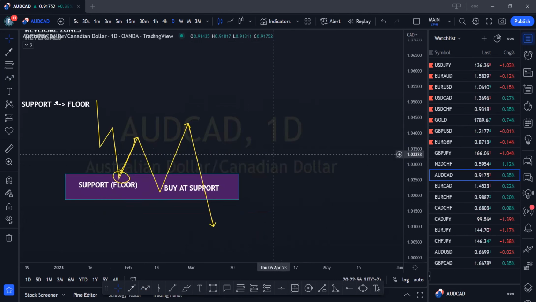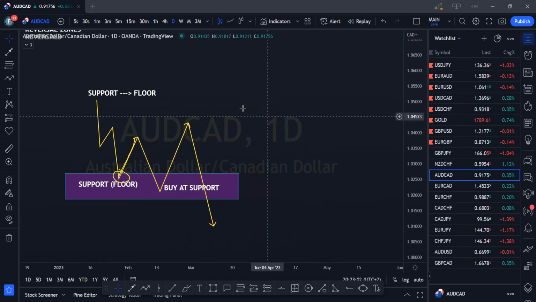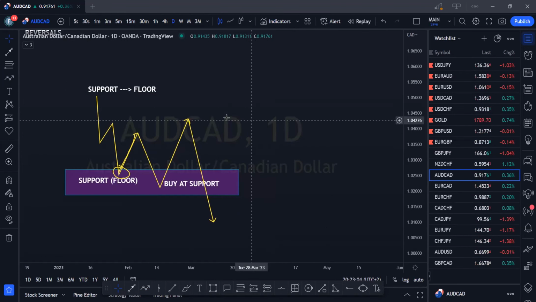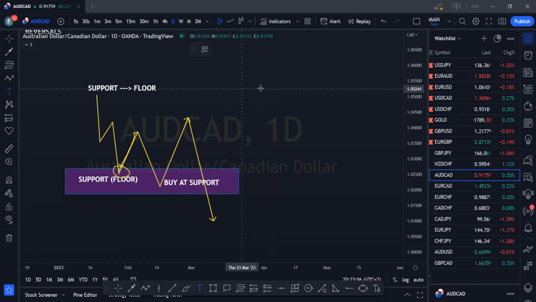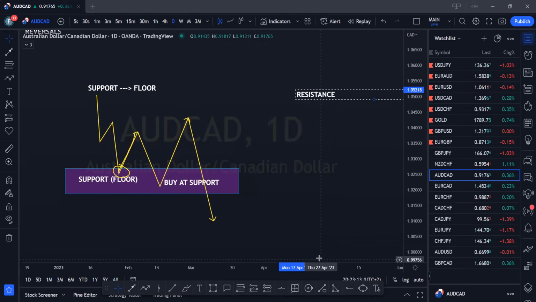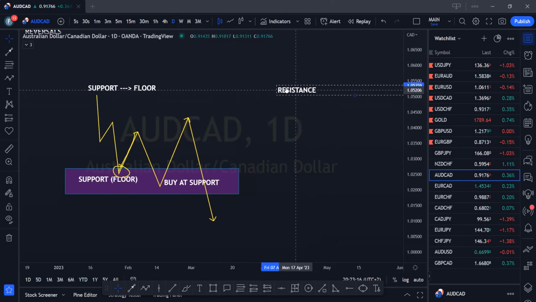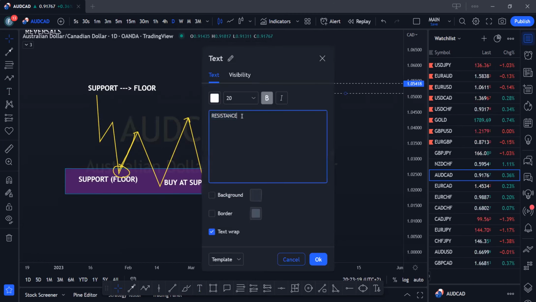Now I'm going to explain what a resistance is, and then we'll go to the chart, and we're able to spot the zones. So the next concept is resistance. Think about resistance as a ceiling.